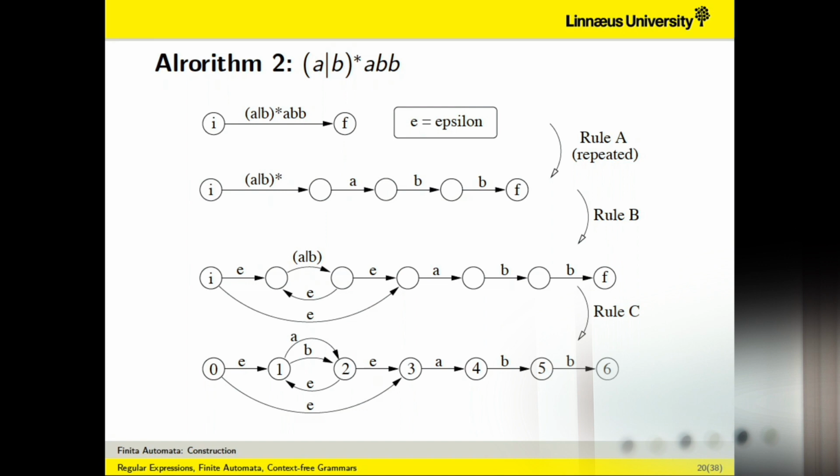But if the regular expression says you have to have at least one of them, then you take this part, so you start there instead. Okay, that was my question. Thank you. Sometimes it's tricky to understand the question itself.